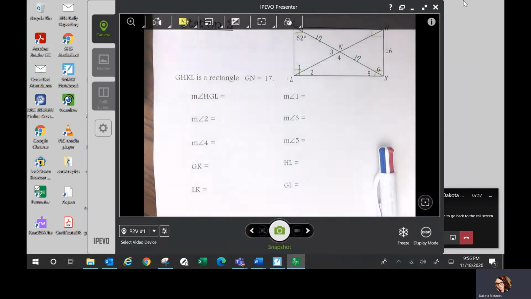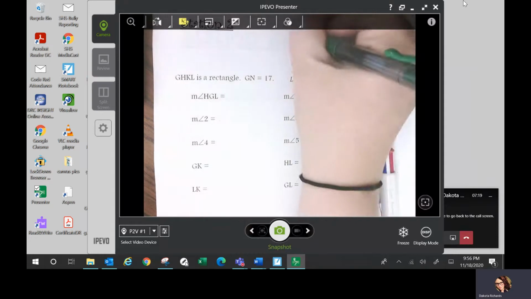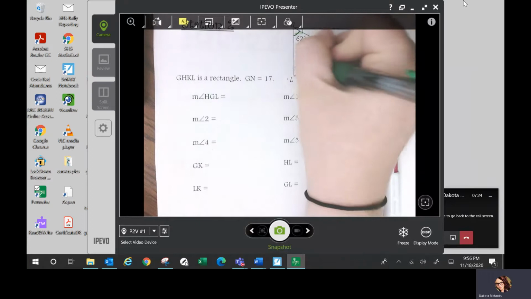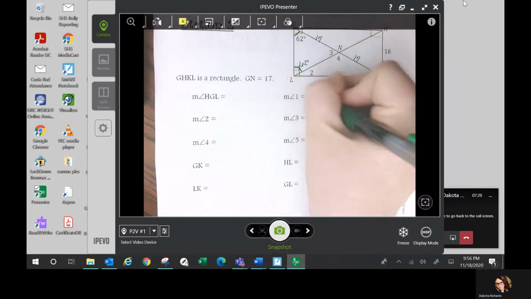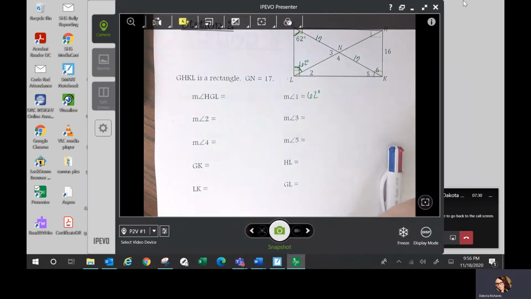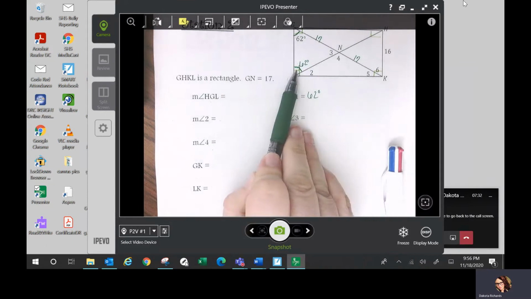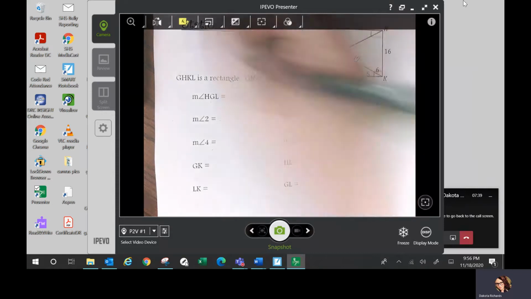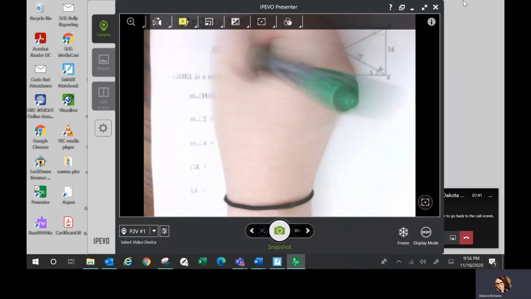Okay, so if we know this part is 62, base angles are congruent in isosceles triangles, so angle 1 has got to be 62 degrees. All right. And angle 1, which is 62 degrees, plus angle 2 have to be 90. So what is 90 minus 62?